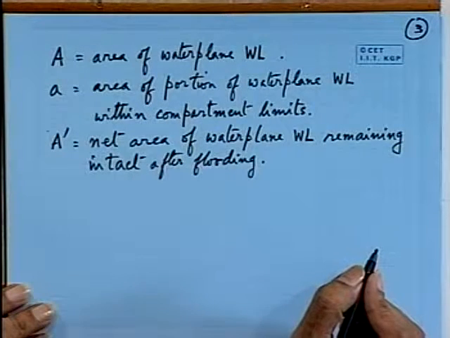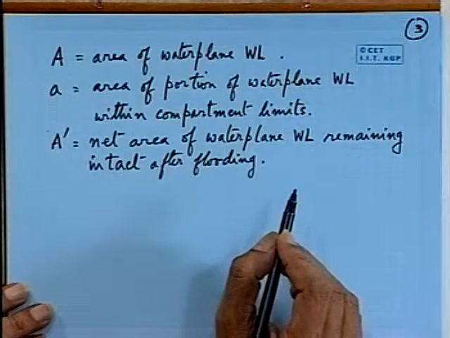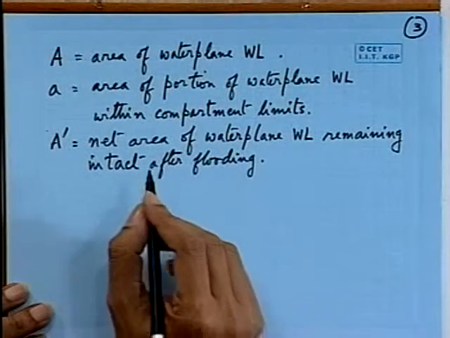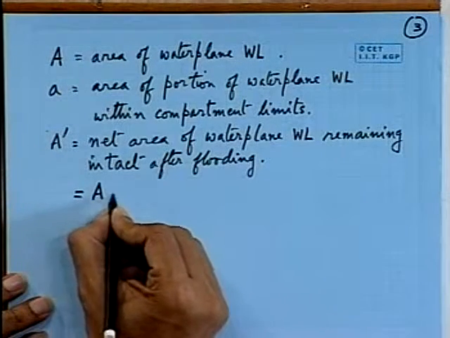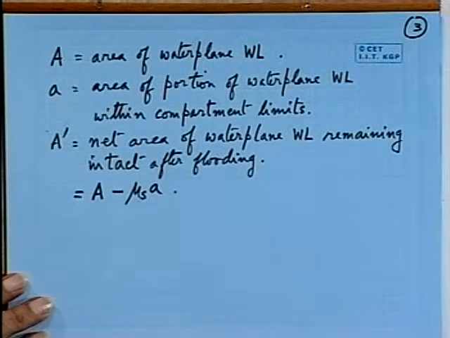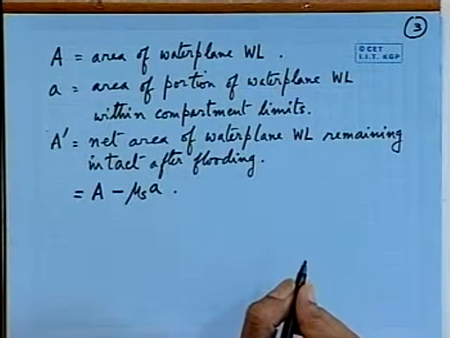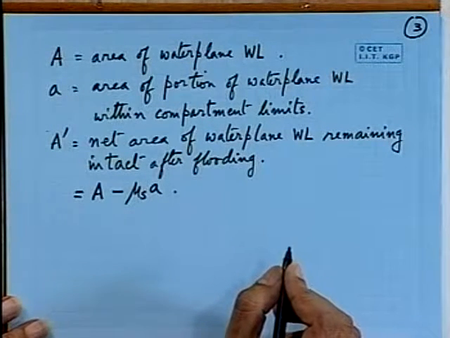This is the intact area of water plane after subtracting your flooded portion. So this will be A minus mu s multiplied by small a. So this is the net area of water plane WL remaining intact after flooding.